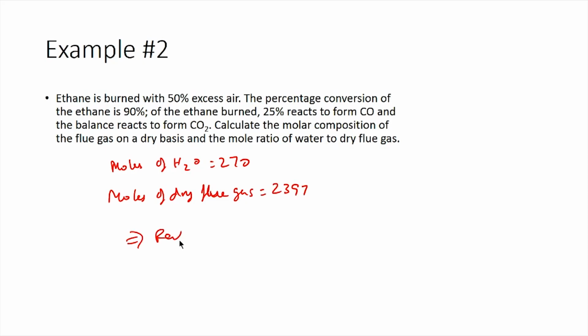So, the ratio is 270 divided by 2397, giving you a value of 0.1126. With this, we have performed material balance calculations for a combustion reaction where ethane was burnt with 50% excess air.